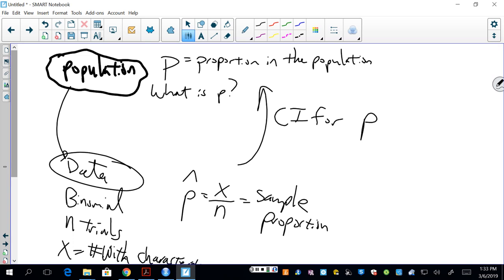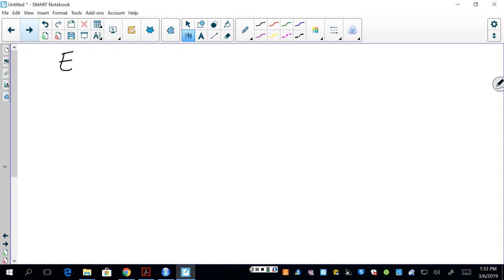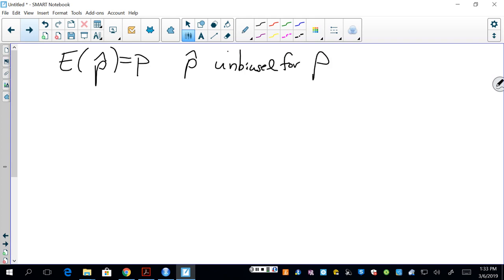We know a few things from probability when we look at the binomial distribution. We know things about the variance of X, and we can get things about the variance of p hat. The expectation of our sample proportion is p, so p hat is called statistically unbiased for the population one. That's good. The variance of p hat is p times 1 minus p over n.